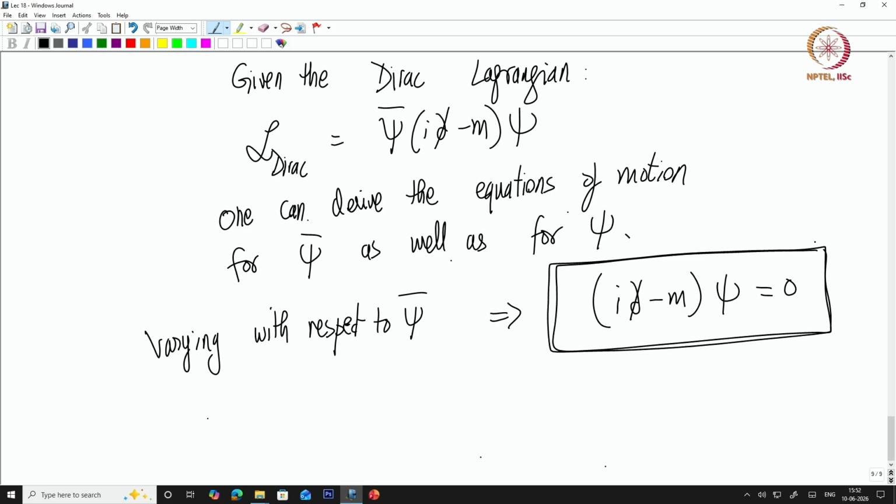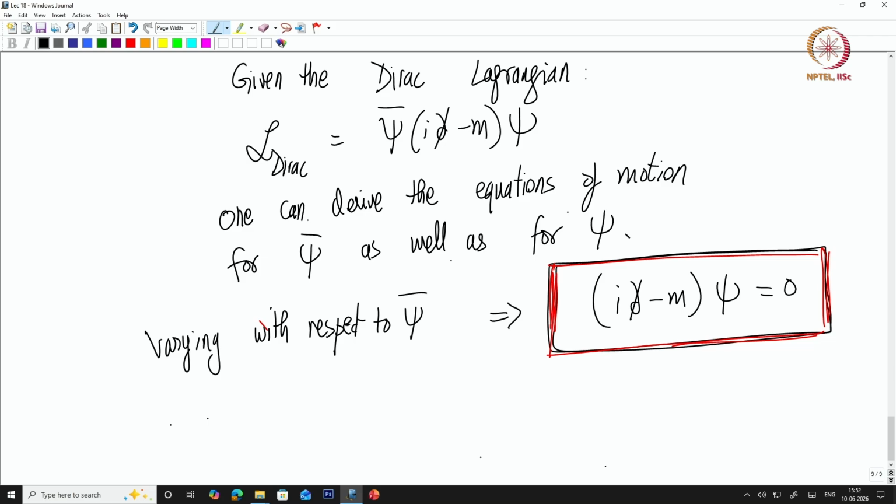This is the famous Dirac equation which many of you are already familiar with. But we are in a quantum field theory class, so we are doing it in a different way compared to what we did in, for example, the relativistic quantum mechanics lecture courses.